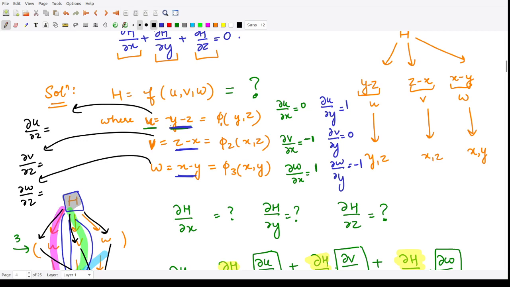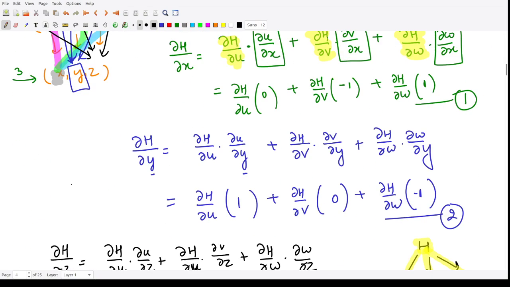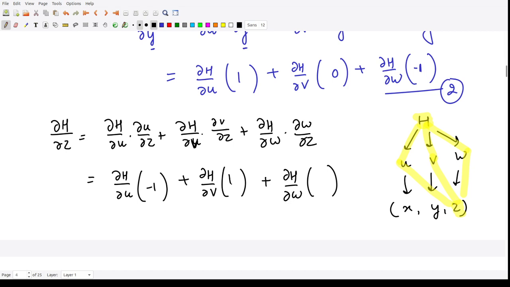Here we are differentiating with respect to z, so its value is -1. Here there is z present, so its value is 1, and here because there is no z, its value is 0. So we have -1, 1 and 0. Say this is your equation number 3.